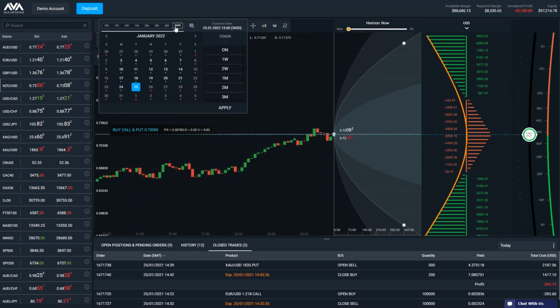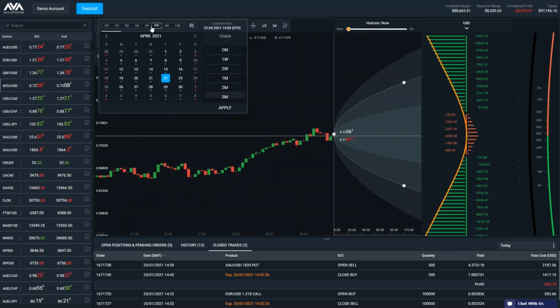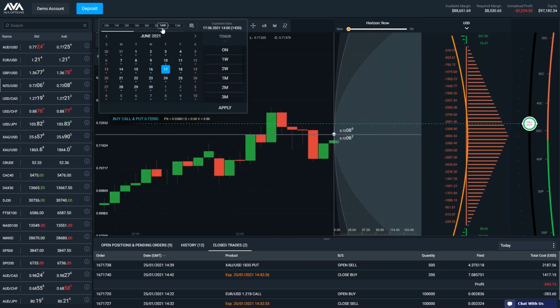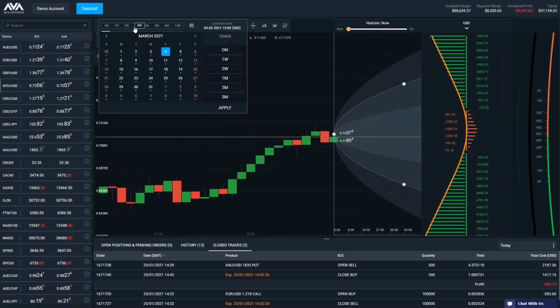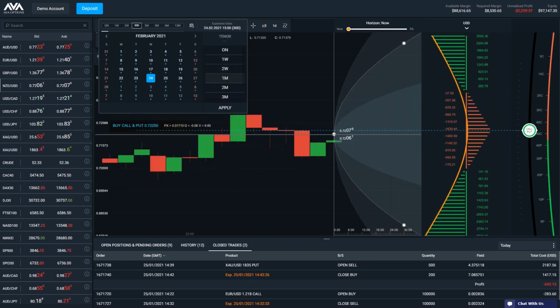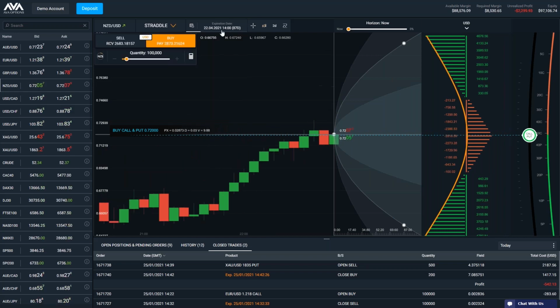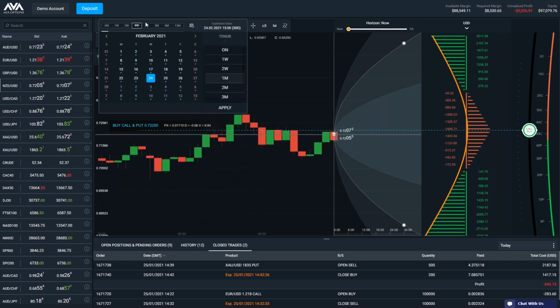For a year, the market can have a much bigger range. For a shorter period of time, it has a smaller range. You get a real picture of what's going on by using this slider and choosing your option expiration.